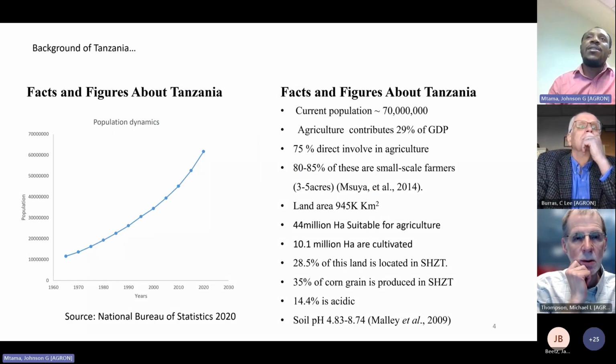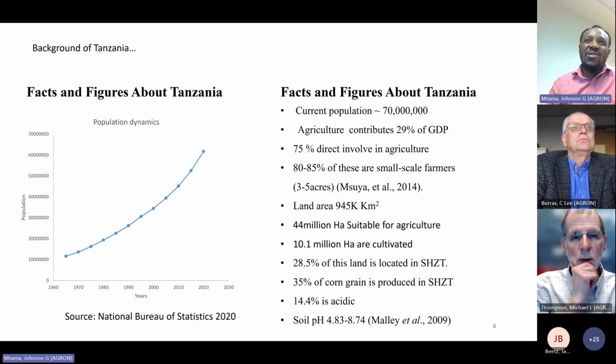Tanzania attained her independence in 1961. At that time, it had a population of around 13 million people. But as of now, the country has a population of around 70 million people. And agriculture is the main business of the occupants of Tanzania, and it contributes around 29% of the GDP.